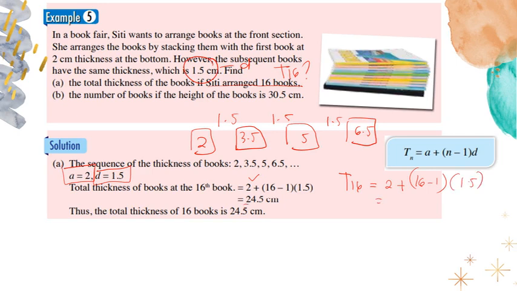So you will get 24.5 cm. This is the total thickness of the 16 books. Okay, so we move to question B.